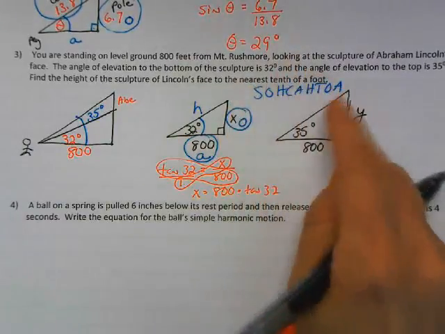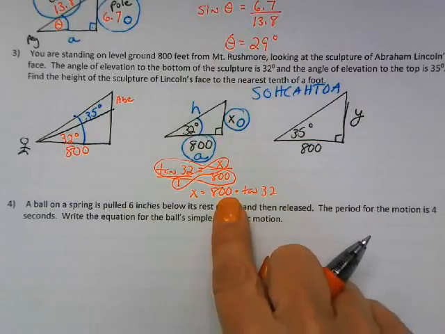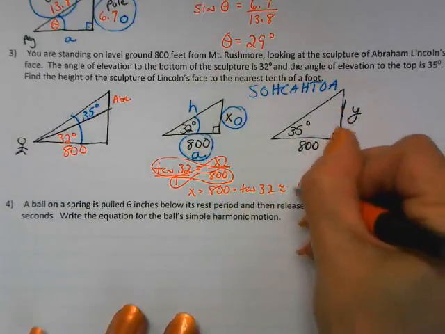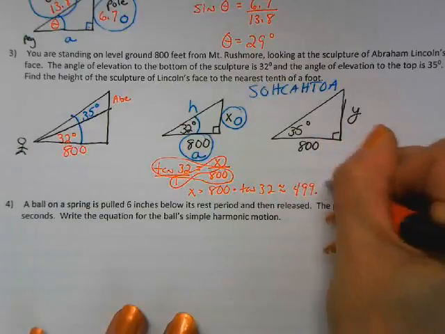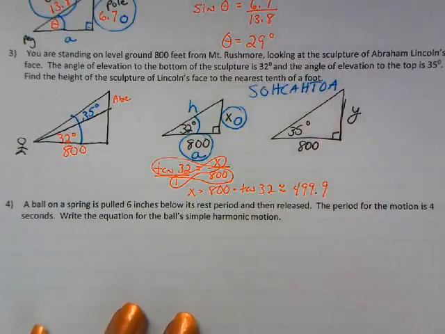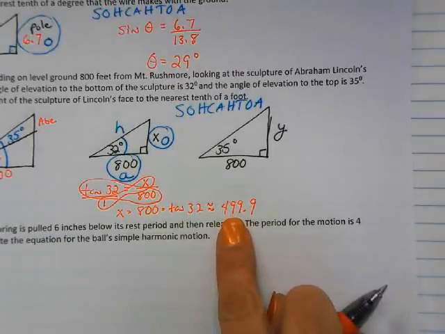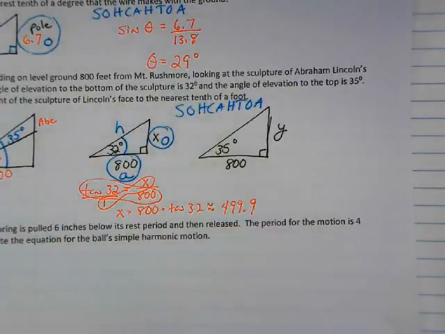Okay, so grab your calculators, let's type that in. Did you get approximately 499.9? Alright, so we know that it's almost 500 feet from the base to the bottom of his face.